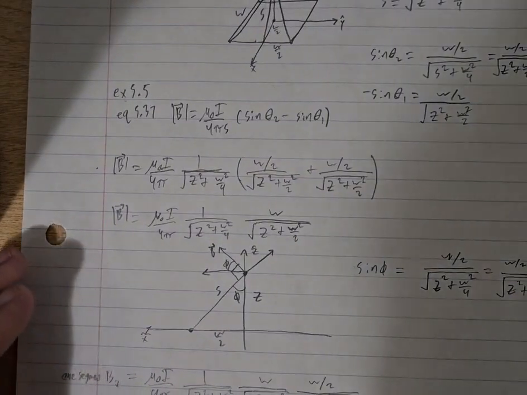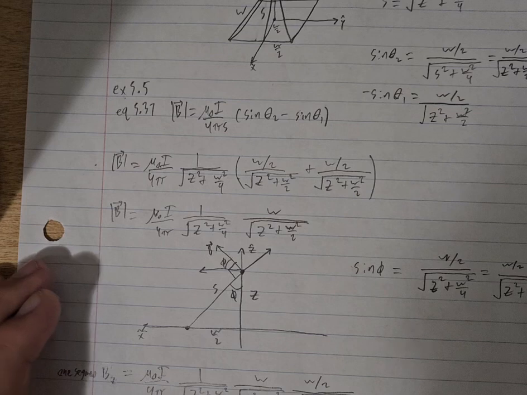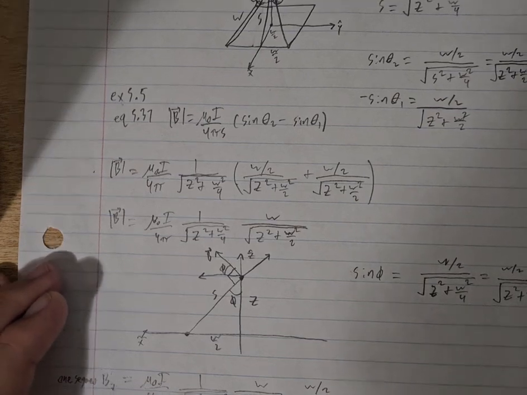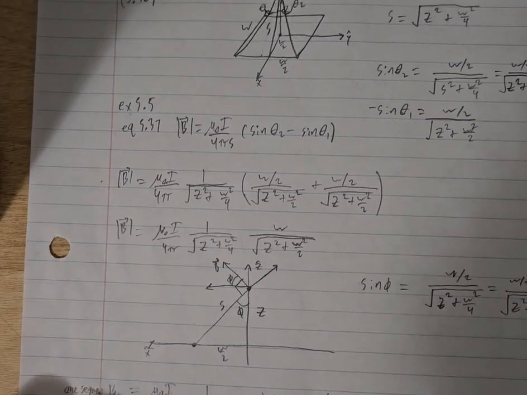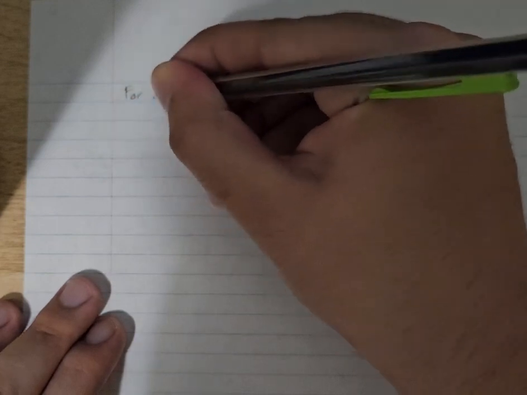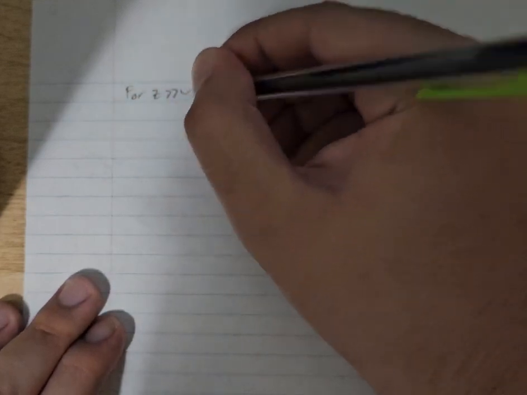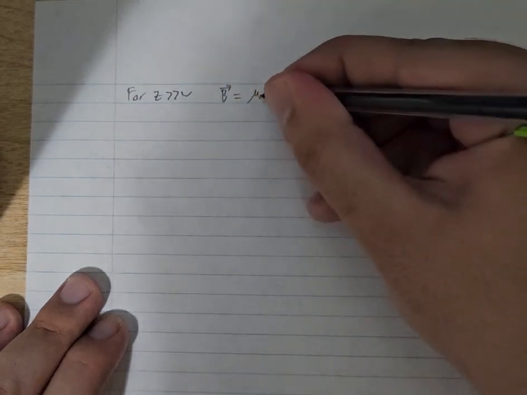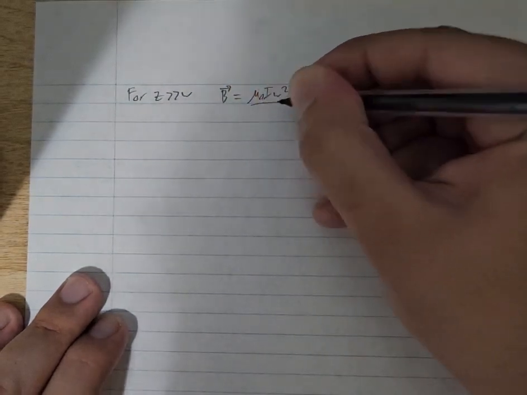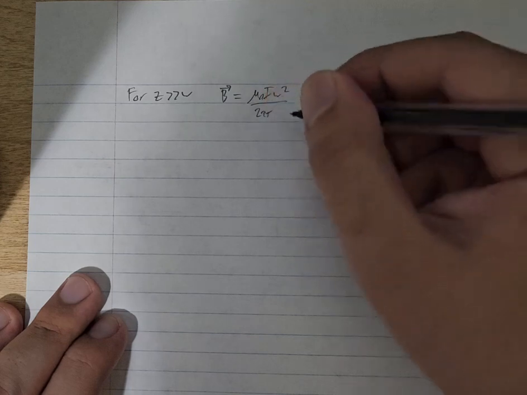The second part of this problem asks to verify that it reduces to the field of a dipole for the appropriate dipole moment when z is a lot greater than w. So for z greater than w, we know that the B field would be equal to mu naught I w squared over 2 pi.